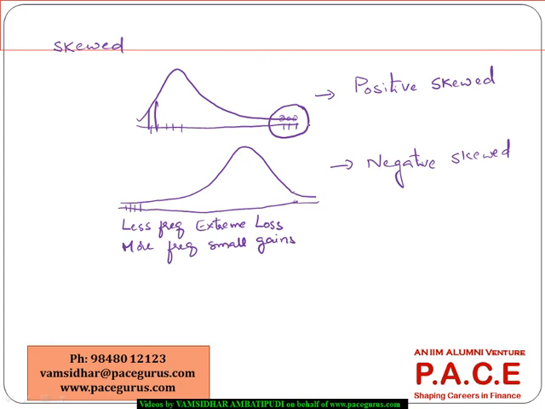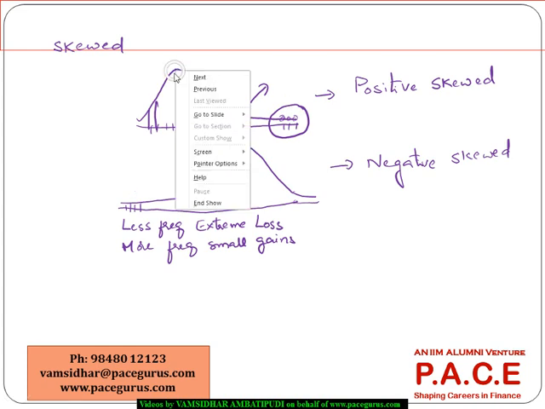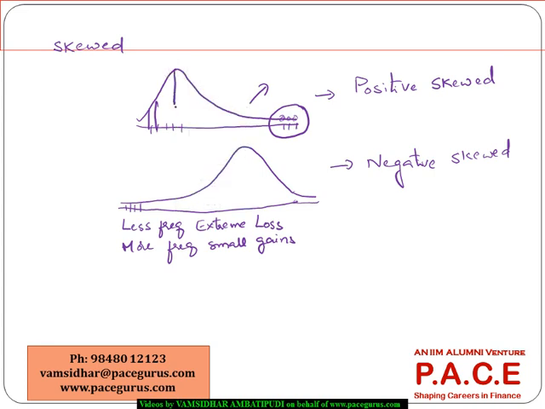So we see that the tail is high on the right for this, whereas the tail is much higher on the left for that. Typically the peak, if I consider it as the mode, in case there is a mode for this distribution, the mean is somewhere here and the median will be somewhere in between.